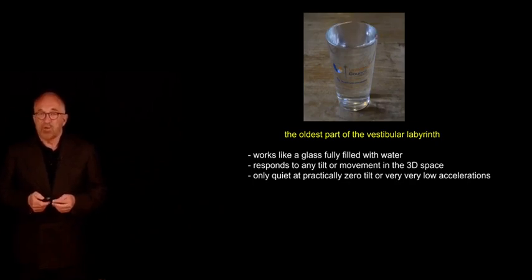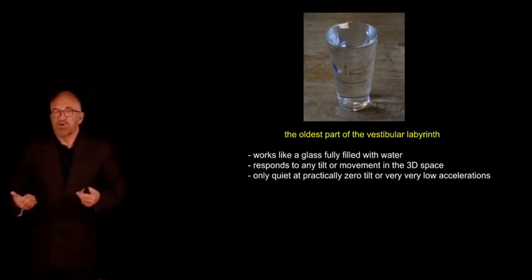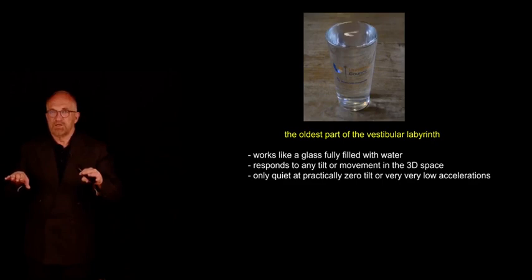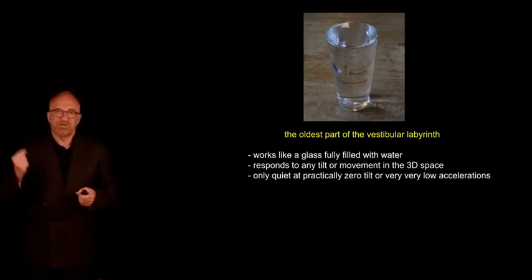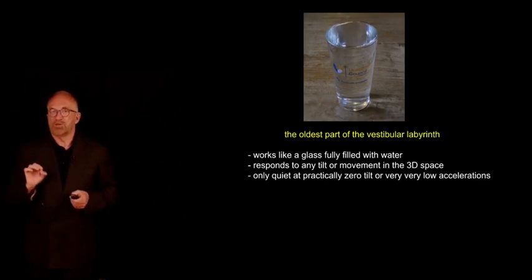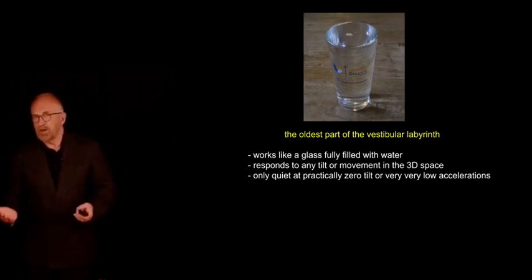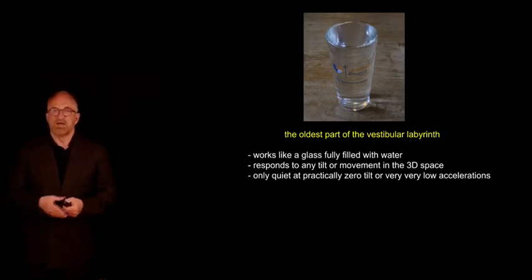To make that even more clear, you can think about this organ as a glass of water that is fully filled. So with every movement that you make, a translation, a rotation or a tilt will make the fluid move. And if there are hair cells in this system, they detect the fluid movement, or the otoconia movement on top of the hair cells, as you can imagine, is the analogon.